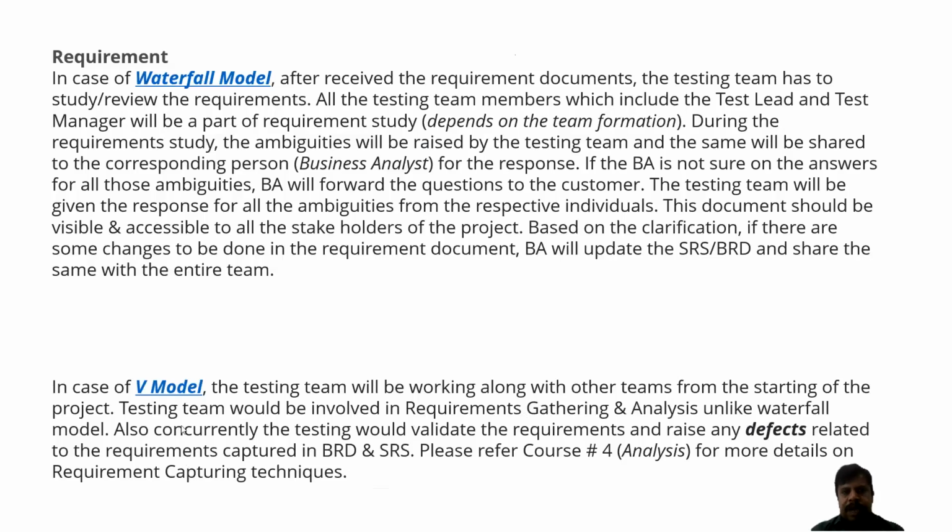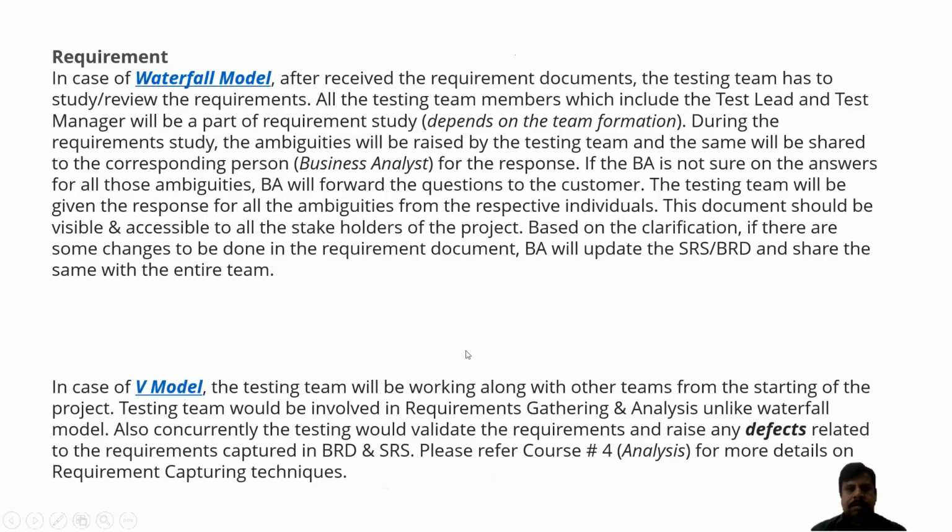Whereas in the waterfall model, who is involved? The involved members are the test lead, test manager, business analyst, and so on. But in the V model, the testing team will be involved in requirements gathering and analysis. Also, concurrently the testing team would validate the requirements and raise any defects related to the requirements captured in the BRD or SRS.